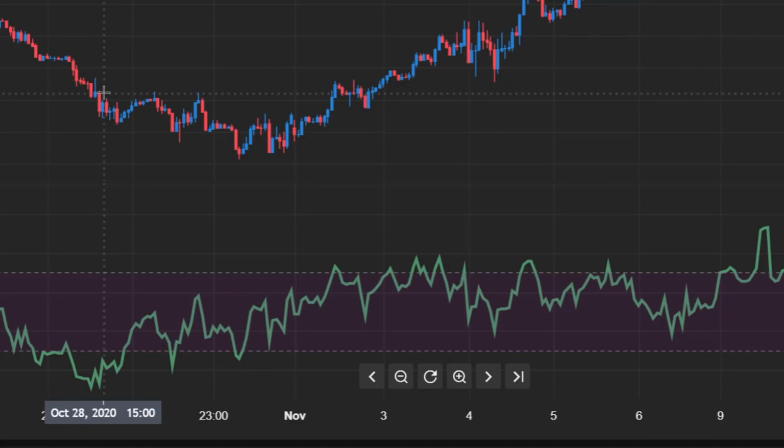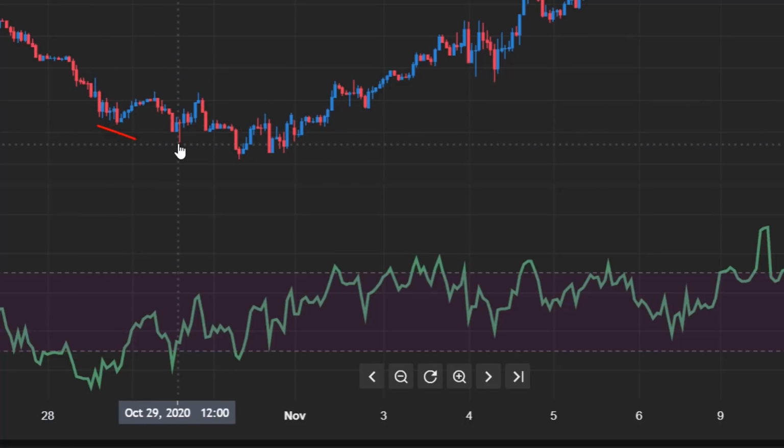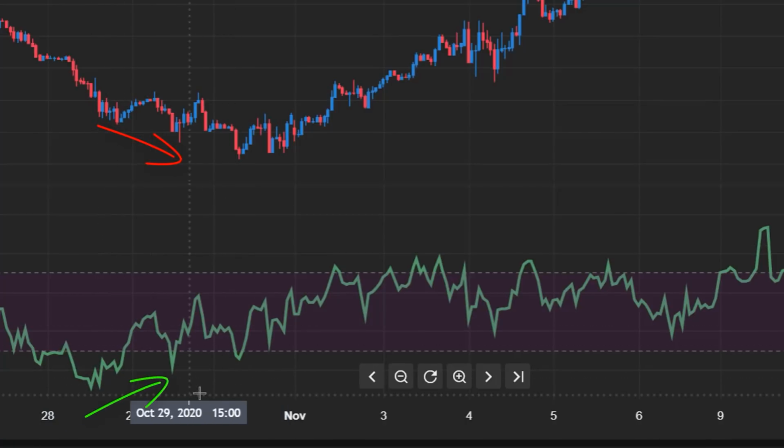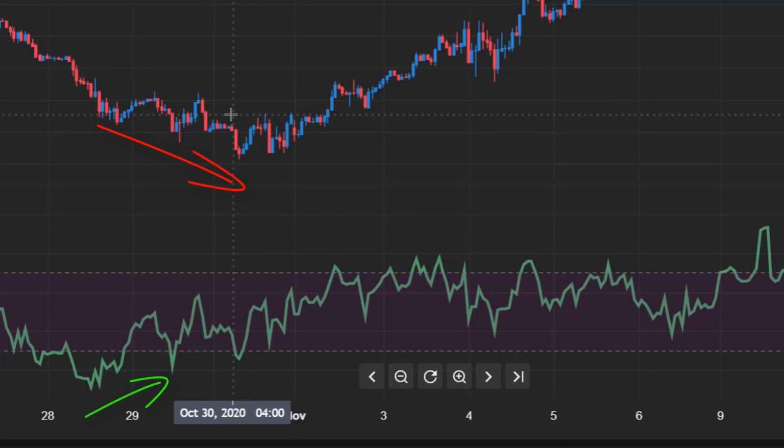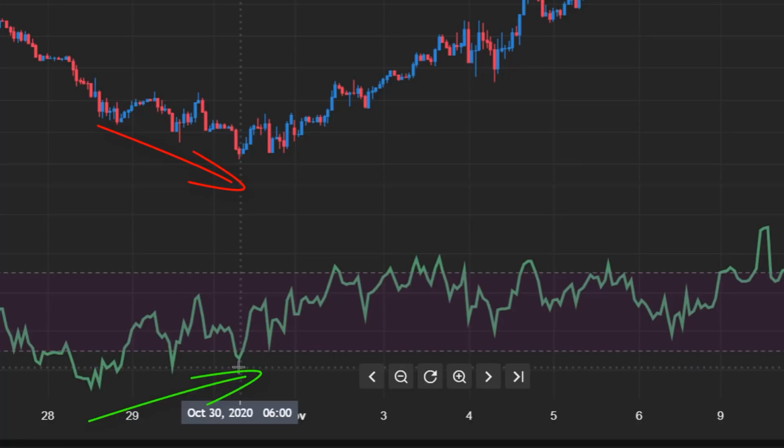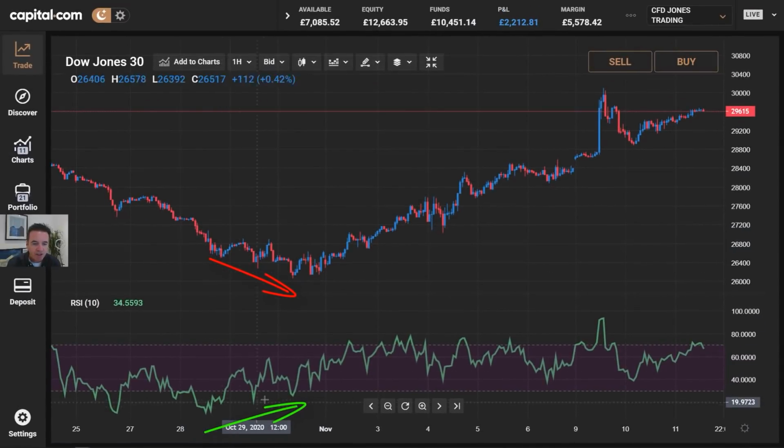So we had October the 28th, the market slips lower again, October the 29th. We do have this bullish divergence, but the market did lurch lower once again the next day. But once again, the RSI is making higher lows. So we've really got almost a triple divergence going on here.